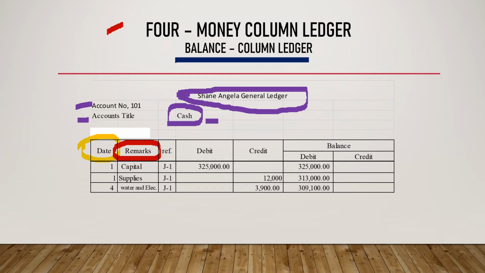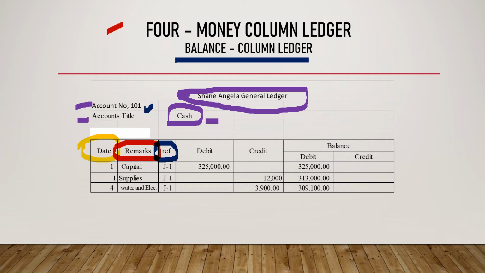We have the reference column or the folio column for the ledger. Ang inilalagay po dito is not totally the account number, unlike doon sa general journal. Dito naman po sa reference or folio ng general ledger, ang inilalagay natin is yung journal page. Kaya makikita ninyo, Journal 1, Journal 1.